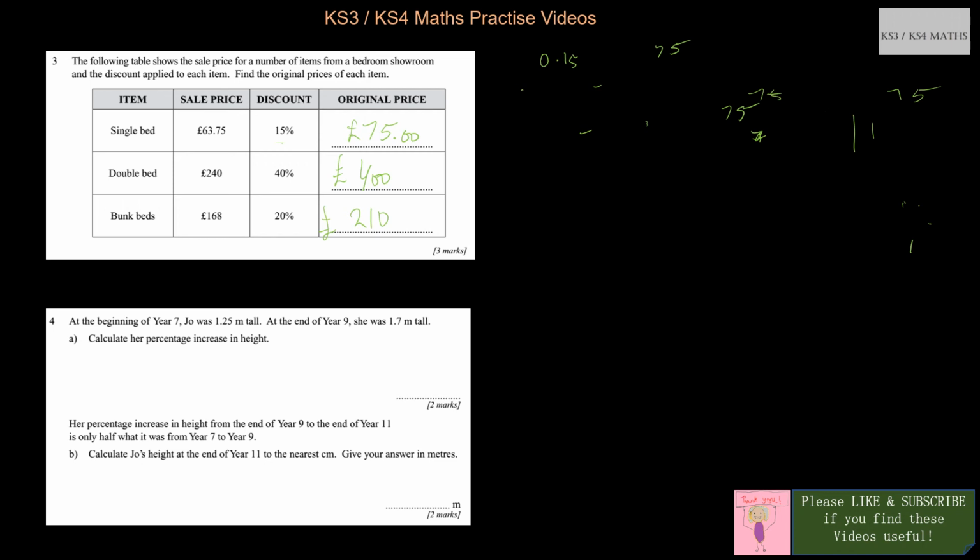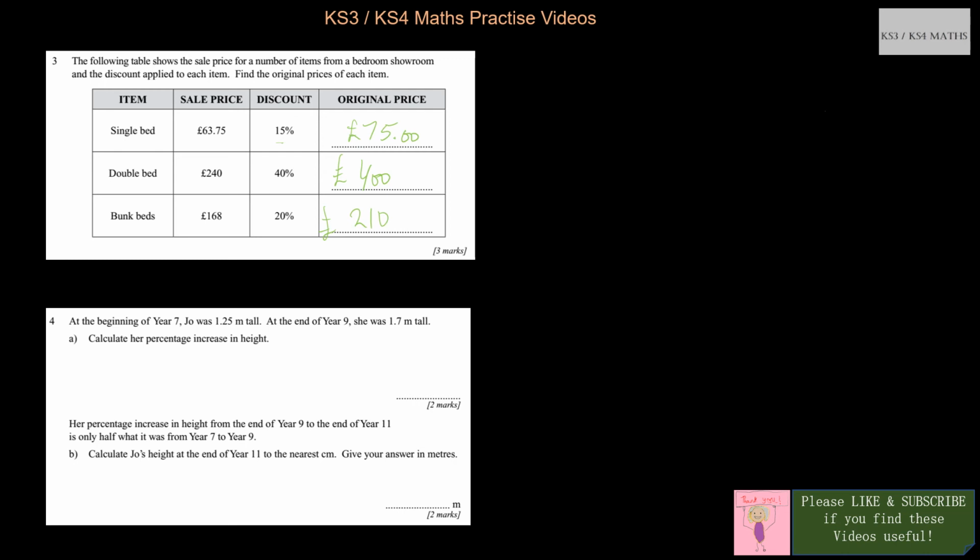Her percentage increase in height from year 9 to the end of year 11 is only half what it is from year 7 to year 9. Calculate Joe's height at the end of year 11 to the nearest centimeter.